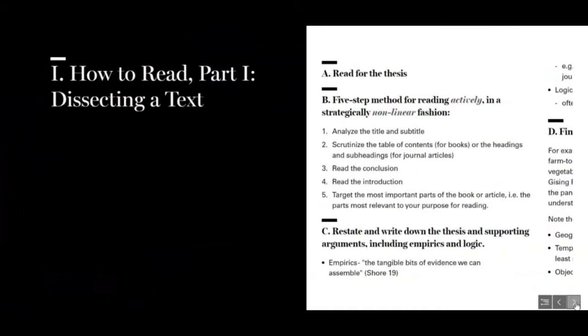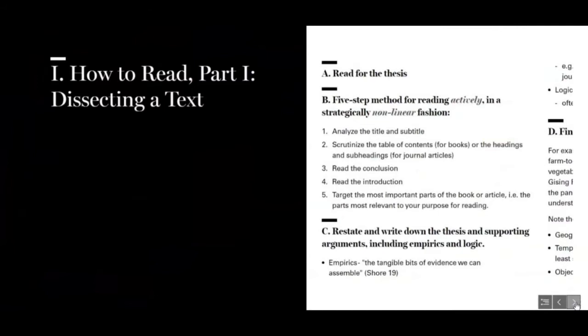So again, analyze the title and subtitle, scrutinize the table of contents, read the conclusion, read the introduction, and then after reading these things, especially because in the introduction also that's usually where the author signposts or tells you explicitly how he or she will go about the discussion in the body of the paper.